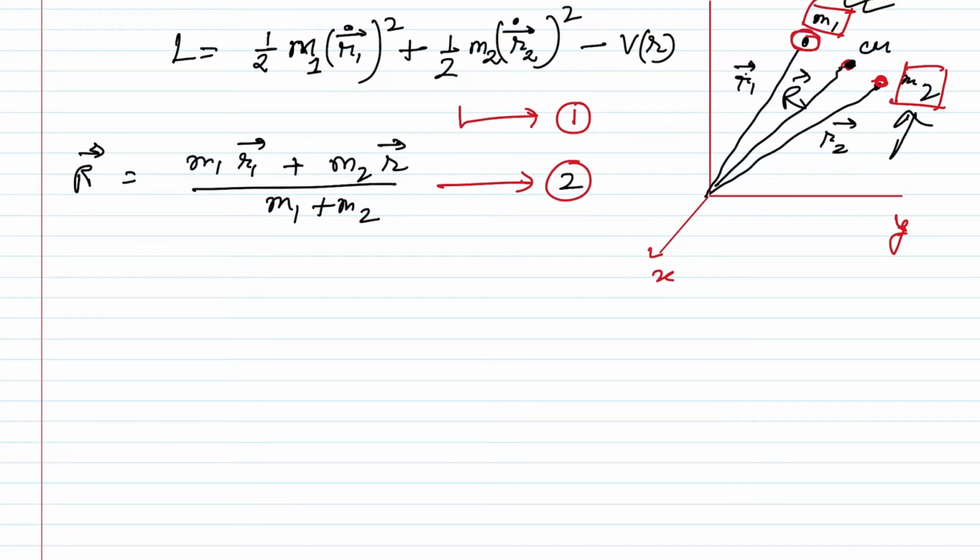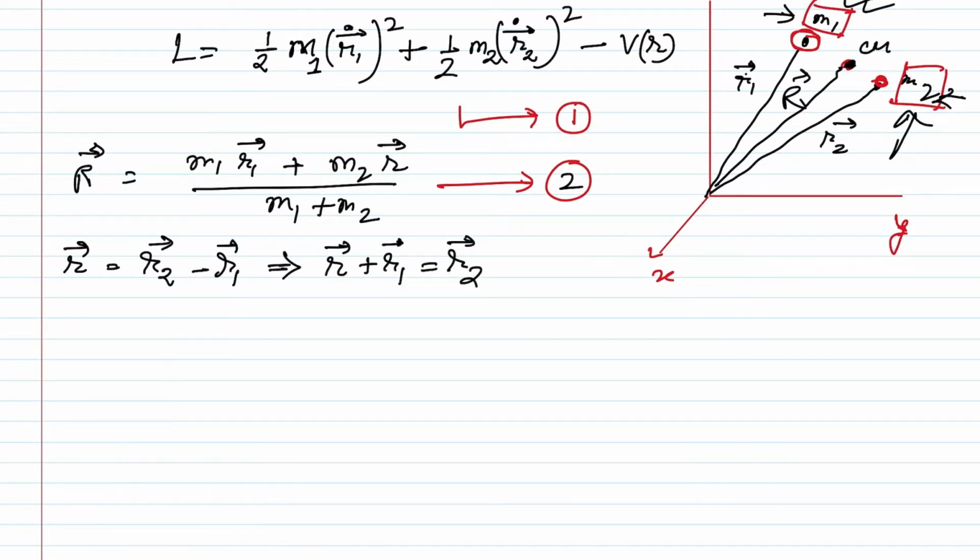We have already got that r, the position distance between m1 and m2, is equal to r2 vector minus r1 vector. Let me write it cleanly. So r plus r1 vector is equal to r2 vector.